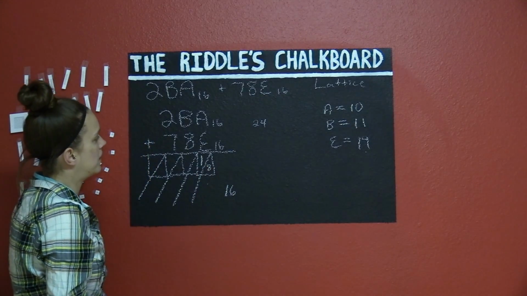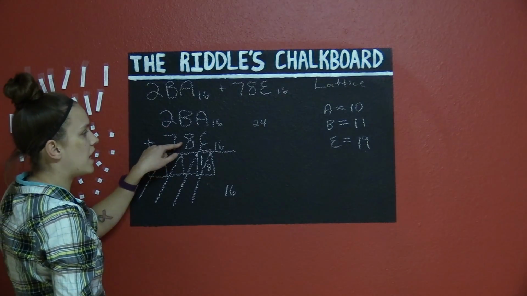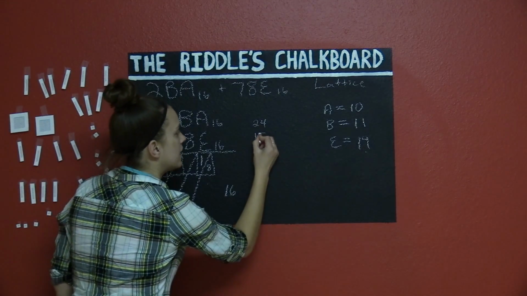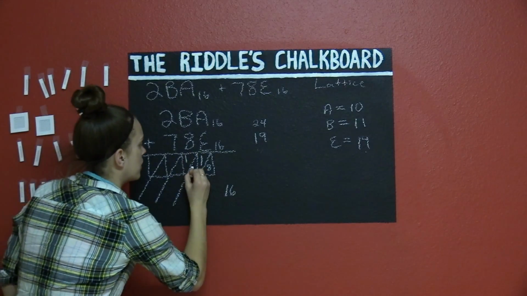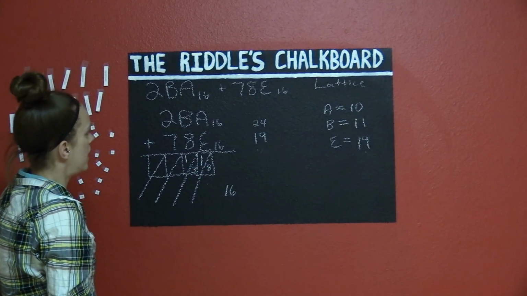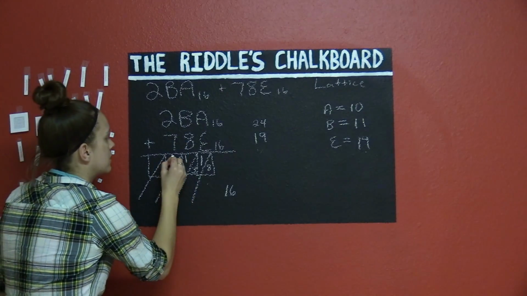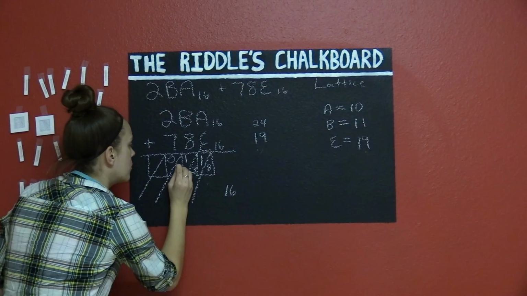And then we move to the next part of the equation, B plus 8, so that's 11 plus 8, which equals 19. So 16 goes into 19 one time with 3 left over. And then 2 plus 7, which is just 9. So there's 0 in the 16's place and just 9 in the 1's.